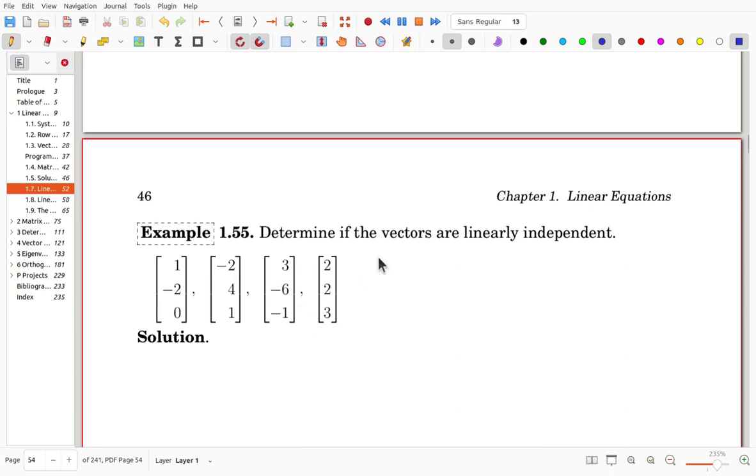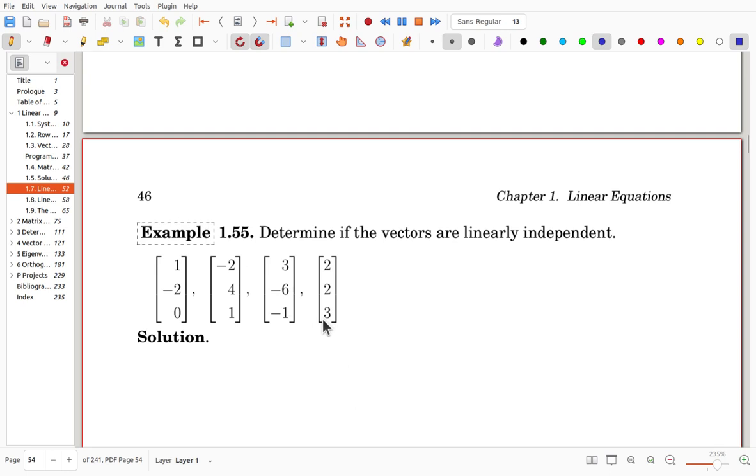Determine if the vectors are linearly independent. Now, if we are using the same technique, so collect these vectors as a matrix, then there are 4 columns. If we apply elementary row operations, then the maximum possible number of pivots must be 3, because there are only 3 rows, so this last column cannot have a pivot.